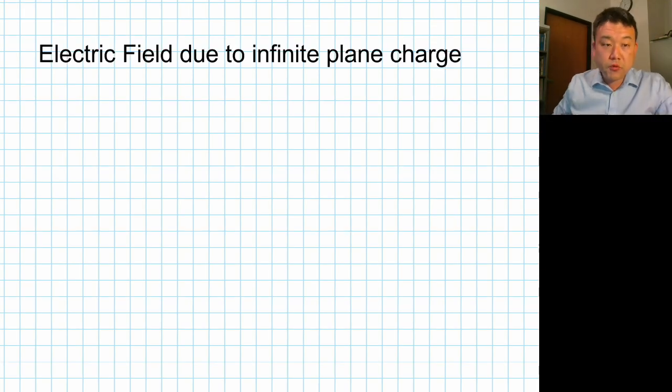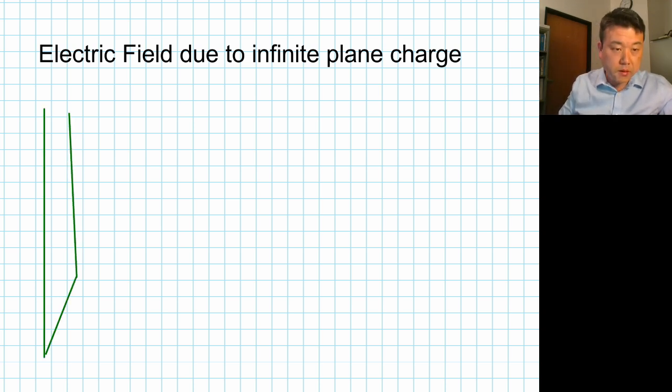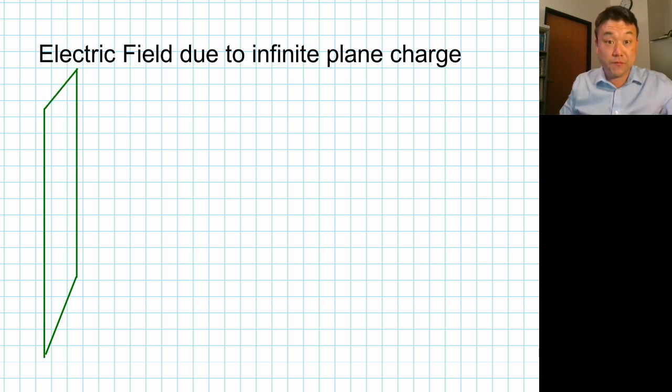Let me draw a representation of the infinite plane of charge in a perspective view. All right. I'm drawing the boundaries for the plane, but you should imagine the plane being infinite without boundary. So we are interested in the electric field at this point here at some distance d from the plane.